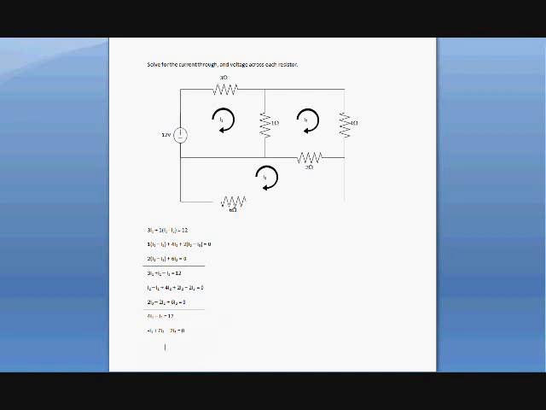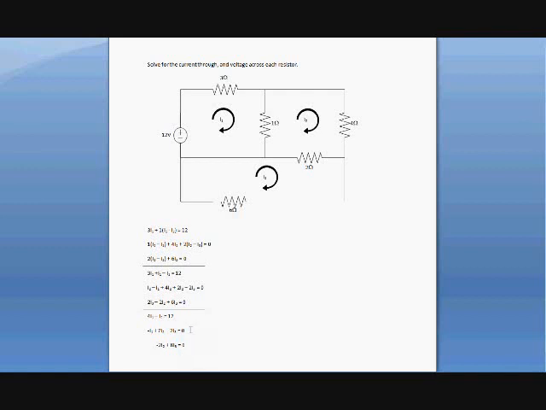And our last equation is, I'm going to space here because I'm going to try to line up my I1s, I2s, and I3s. So negative 2I2 plus 8I3 equals 0.